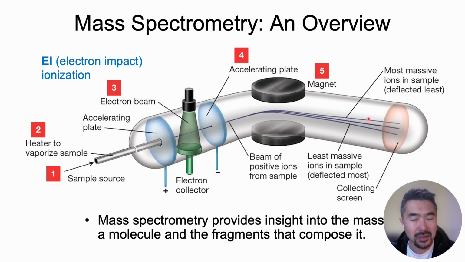So they don't have their travel path trajectory modified as much by the magnet, whereas small molecules don't have very much momentum because they're small and light, and so their travel path gets affected by the magnet a lot. It's that effect that the external magnetic field has on these traveling ions that gets translated into how massive or how light they are, hence mass spectrometry.